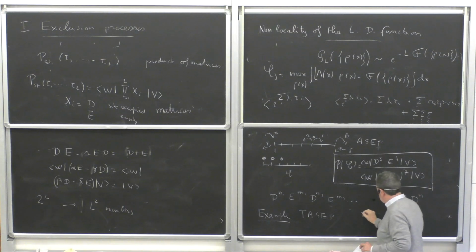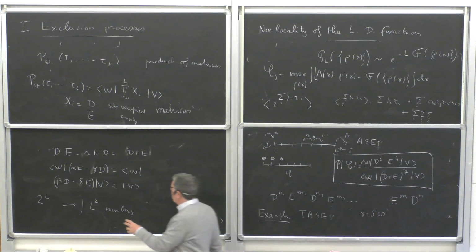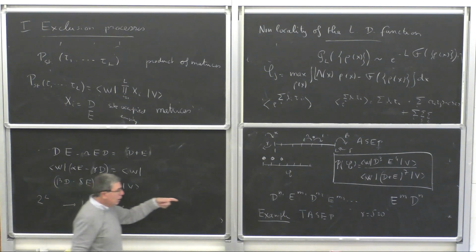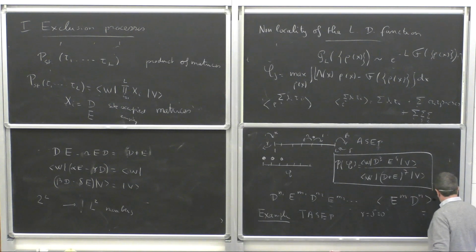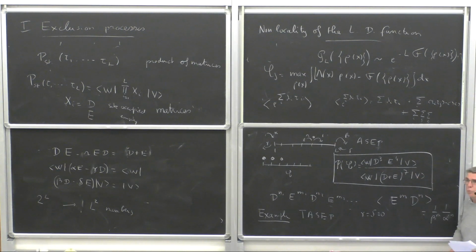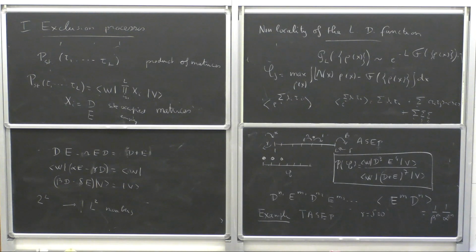When gamma and delta are 0, this number in this case is just 1 over alpha to the n, 1 over beta to the m. So that is for this special case. Otherwise, you might have to compute a little more. But you know the weight of all these configurations, and because of the commutation rules, you can do it.